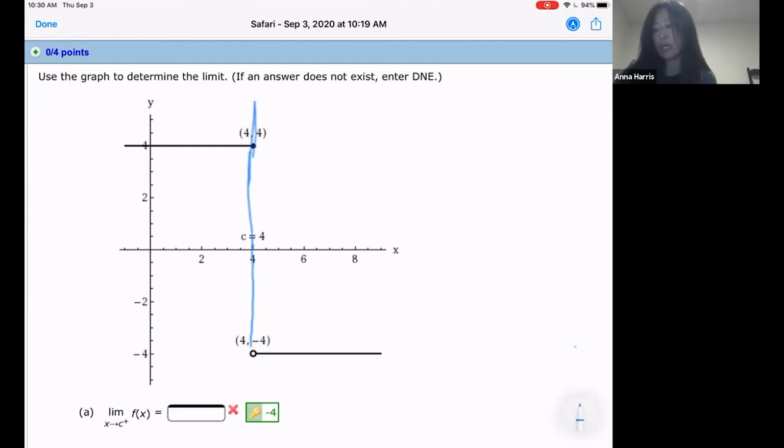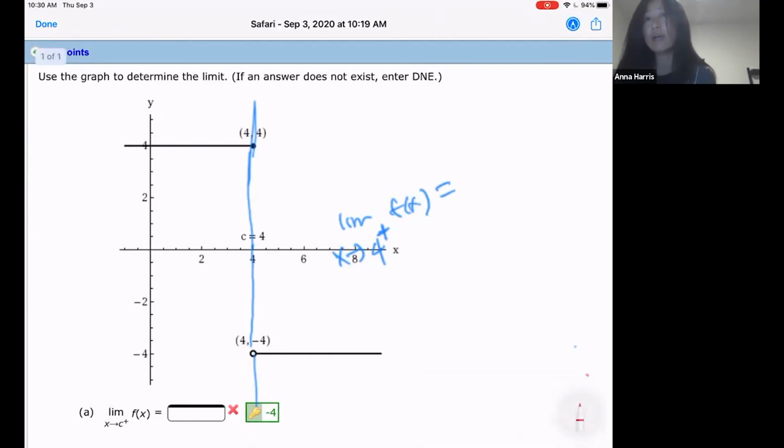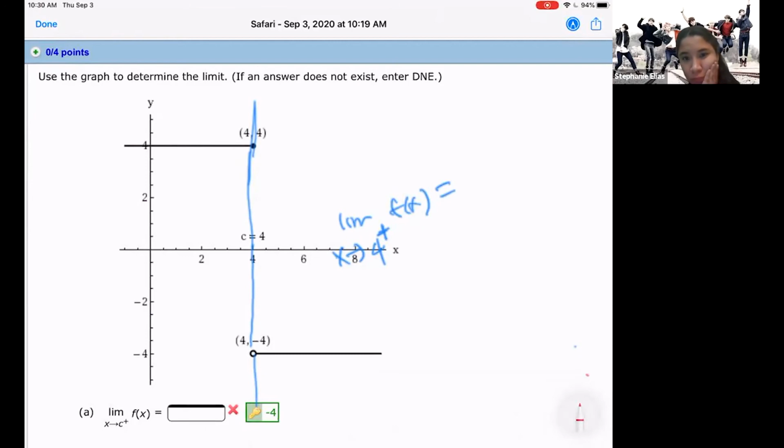I'm just going to draw my line here. So the limit as x approaches 4 from the positive side of this function, can you tell me which one do I need to look at, the bottom graph or the top graph? Top graph. Is that the right or left?